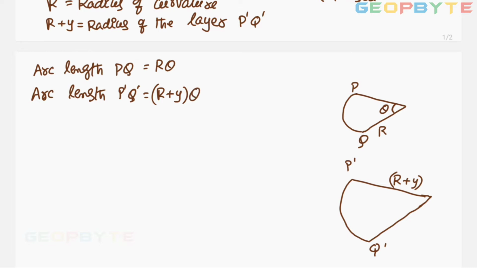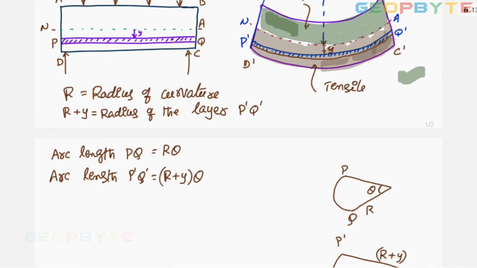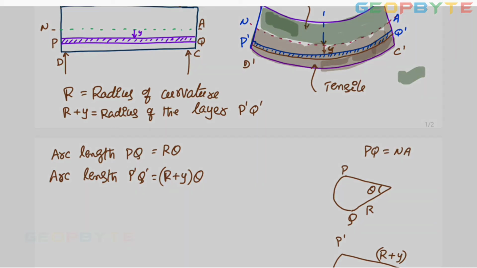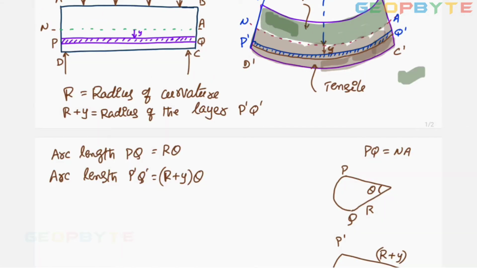You may have a doubt: sir, how is PQ equal to R theta? Actually, the original layer PQ is equal to NA, that is equal to AB, and of course equal to CD.